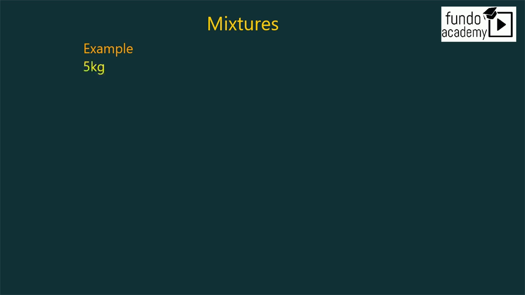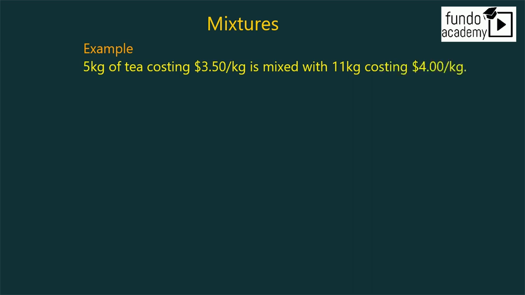Alright, so it's saying 5 kilograms of tea costing $3.50 per kilogram is mixed with 11 kilograms costing $4 per kg. What is the cost of the mixture per kilogram? So this is a problem involving mixtures. We are mixing probably two types of tea.